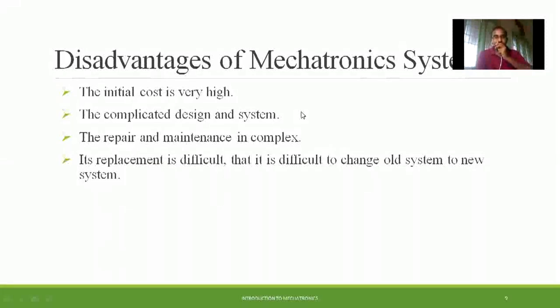The operating cost will be reduced, since instead of utilizing three workshops, there is a single workshop, and instead of three skillful workers, only one skillful worker is needed to operate these three different parameters. But for installation of three different systems in a single place, the initial cost will be very high.